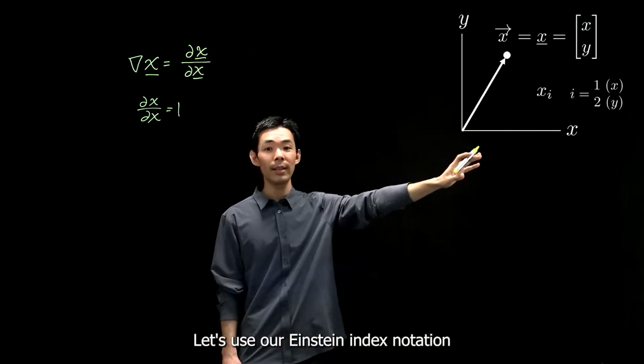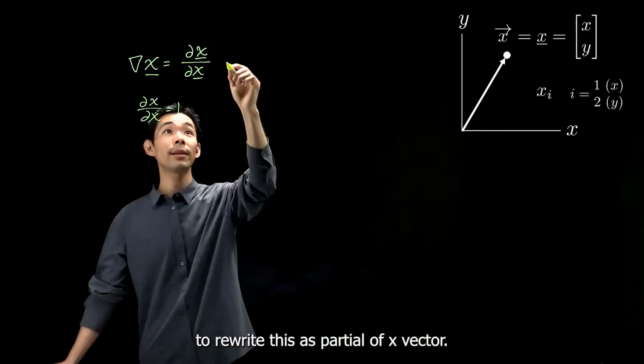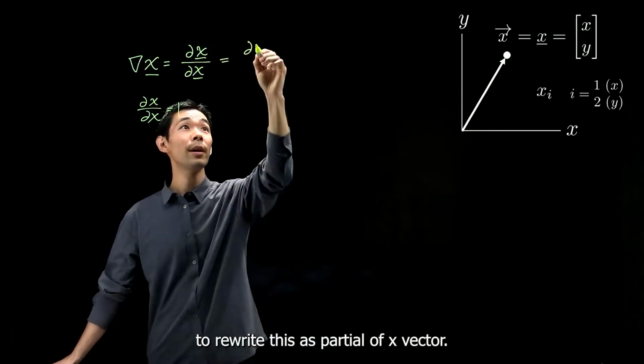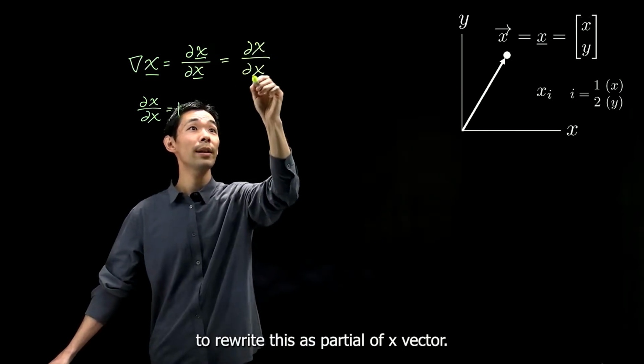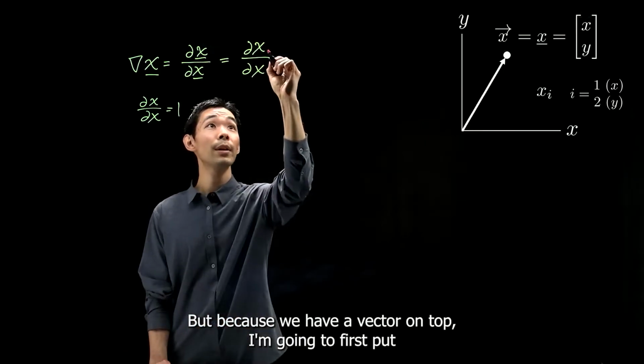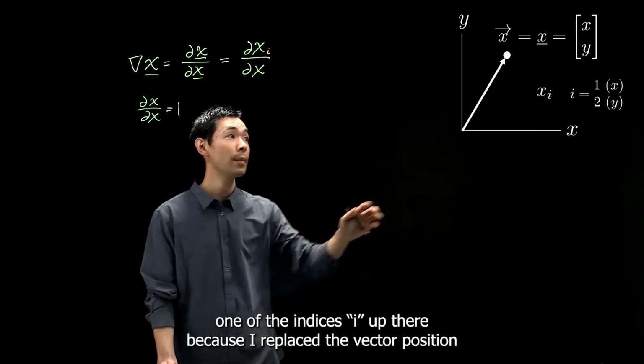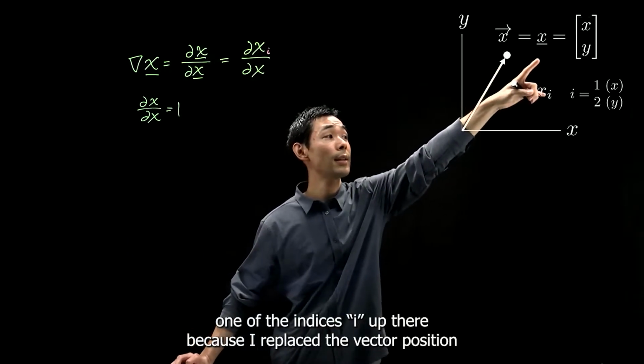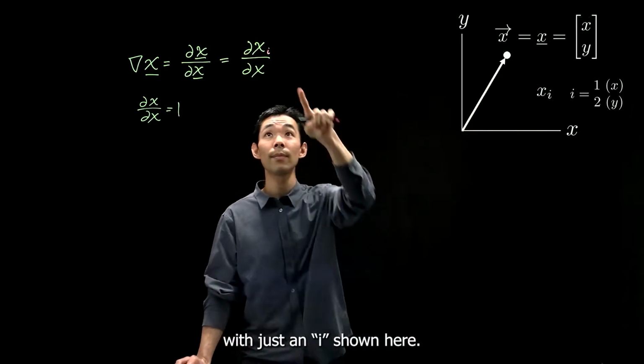So let's use our Einstein index notation to rewrite this as partial of x and then partial of x. But because we have a vector on top, I'm going to first put one of the indices i up there because I replaced the vector position x with just x of i, shown here.